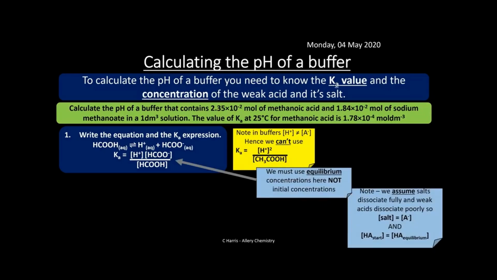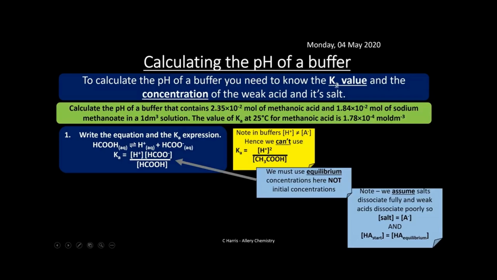We've got to use equilibrium concentrations here, not initial concentrations. That's important. It must be equilibrium. And we do assume salts dissociate fully and weak acids dissociate poorly. So what we assume here is the concentration of the salt equals the concentration of A minus ions, because we assume the salt fully dissociates to produce all of the salt ions that it makes.